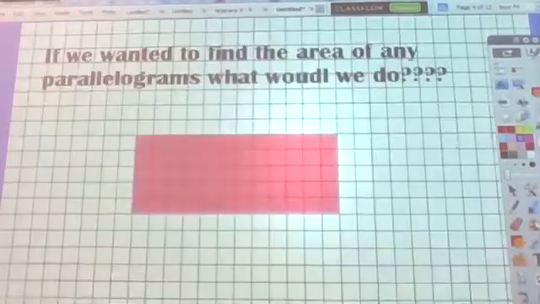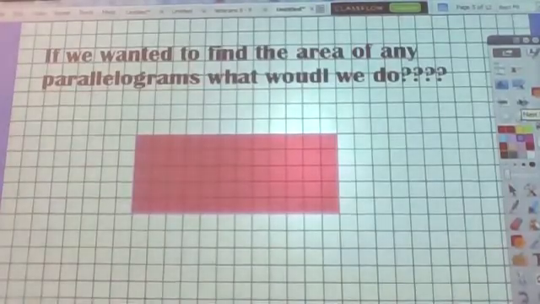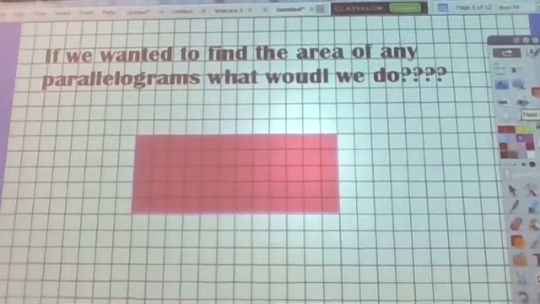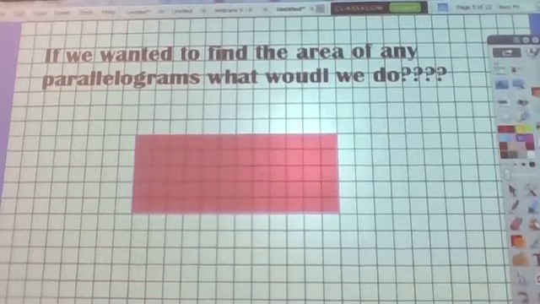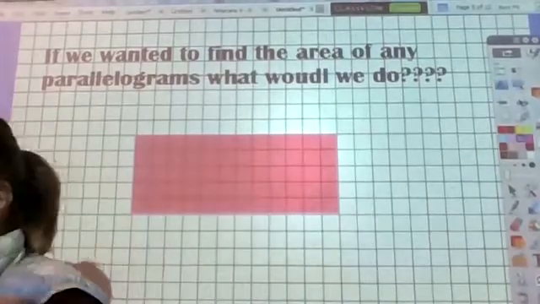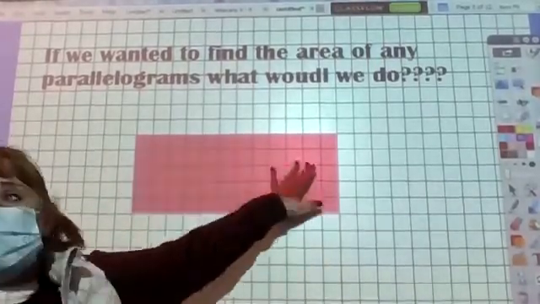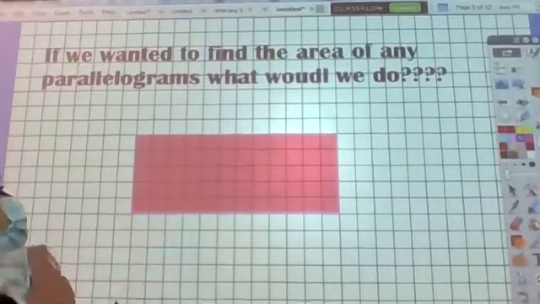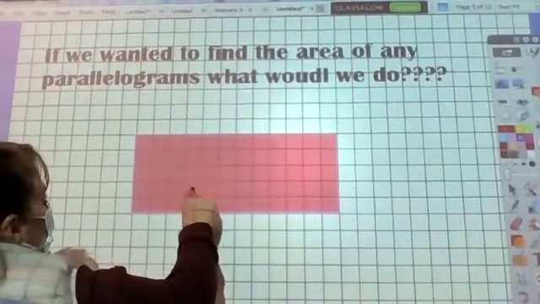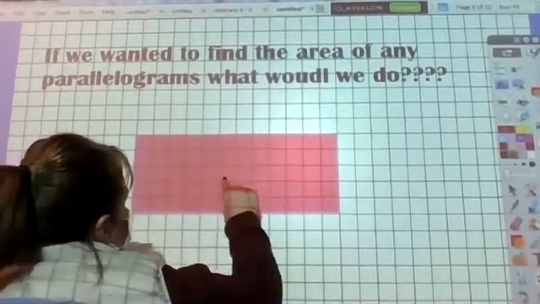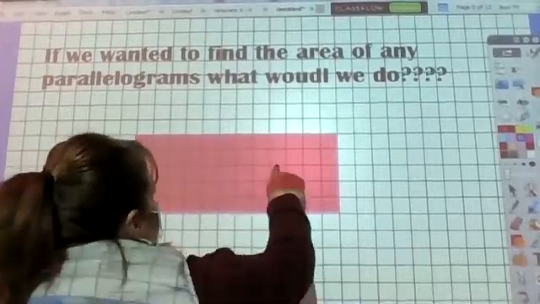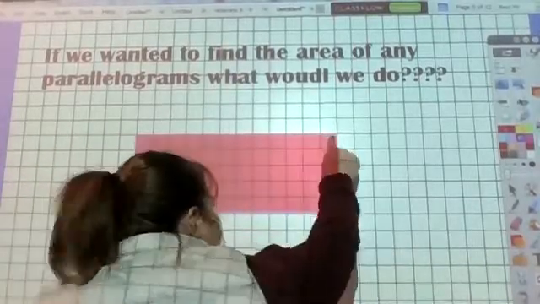Now that we know that, if we want to find the area of the parallelogram, and I know you already know this, but I just want to show you. If I asked you to find the area of this, what you could do is put this on graph paper and count all of the squares on the inside, right? 1, 2, 3, and so on up to 60.